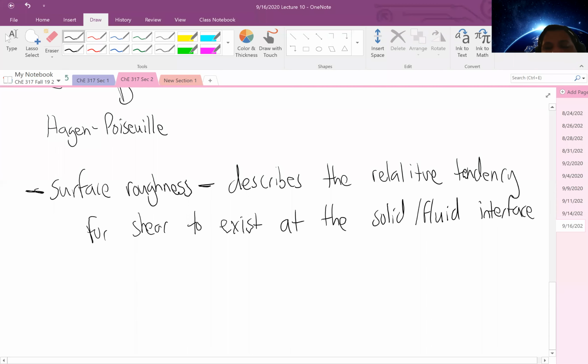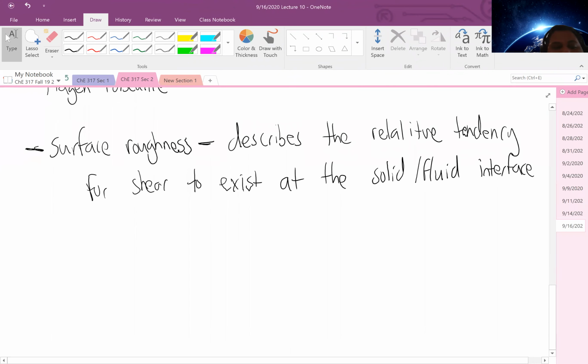And so we have to define a value for surface roughness, which is usually done as a K. Some books do it as an epsilon. And this tells us a little bit in terms of what we can expect to happen in terms of shear stress at that solid fluid interface.